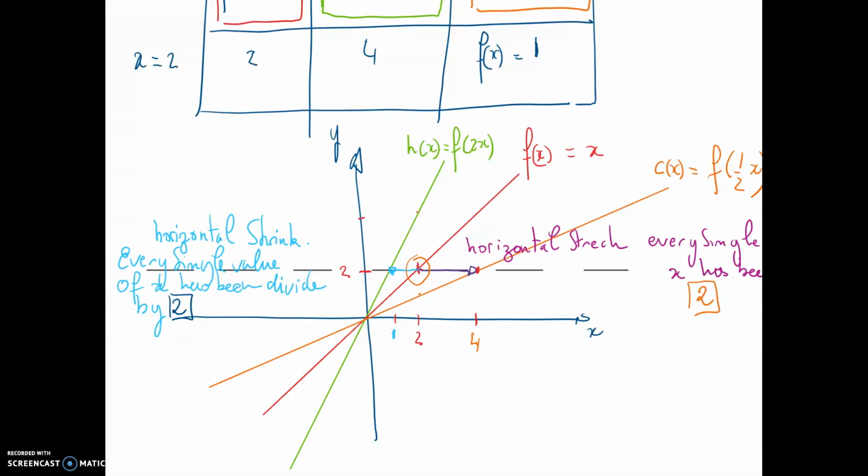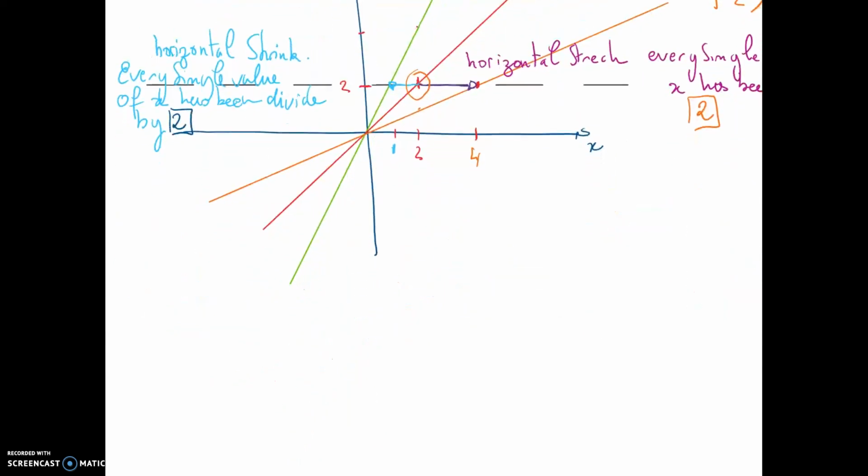So when you have a 1/2 x, you will basically multiply every single value of x by 2. In that case, when I look at the domain of my red function, it is negative infinity to plus infinity.